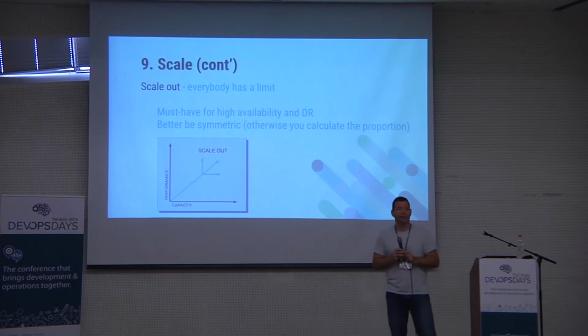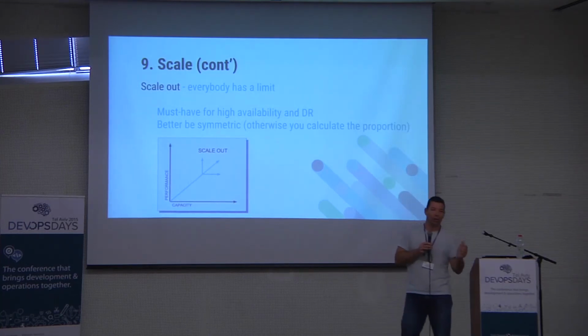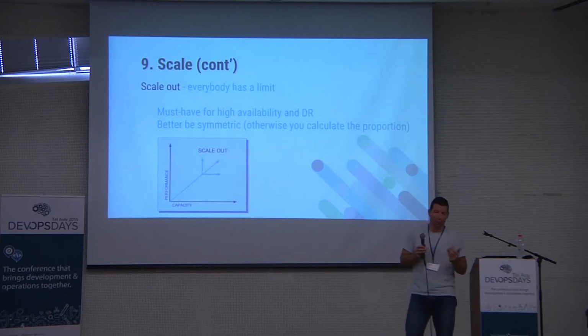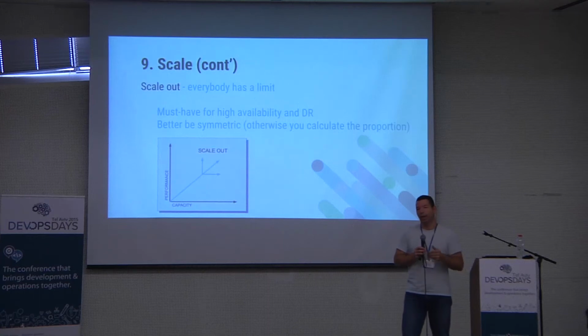Second thing is scaling out, and no matter how strong your performance is, you need to scale out. First, you got to take care of high availability and fault tolerance, so that's a must-have regardless of your performance. And beyond that, still every system can get to its limits, so you do need to scale out.